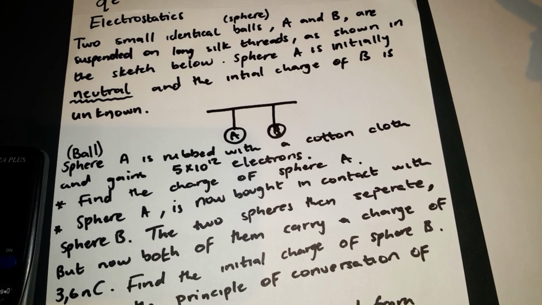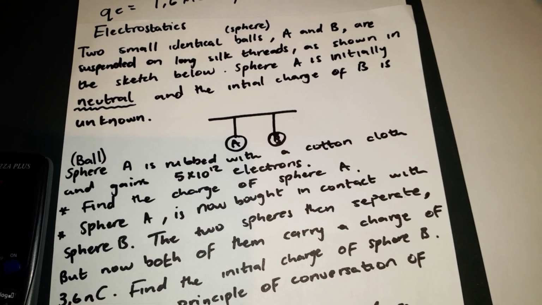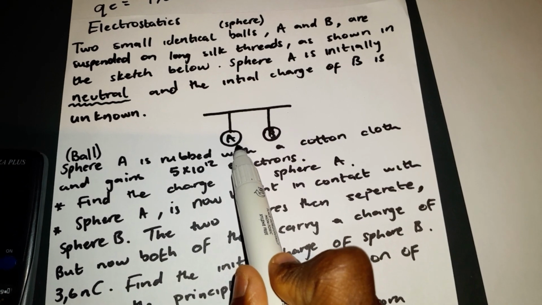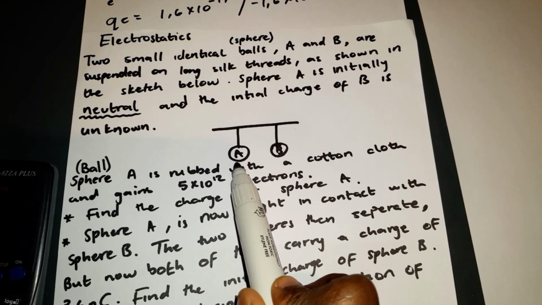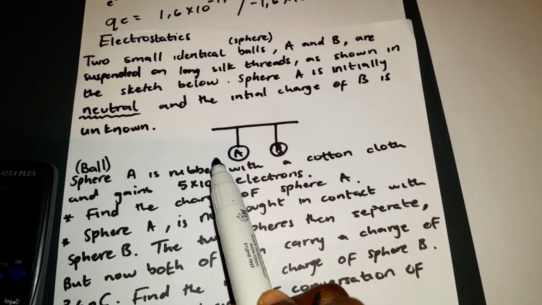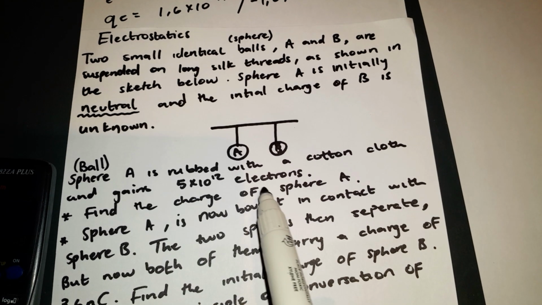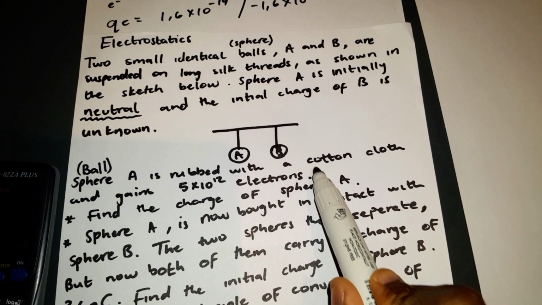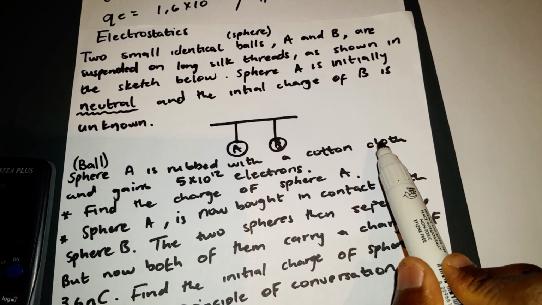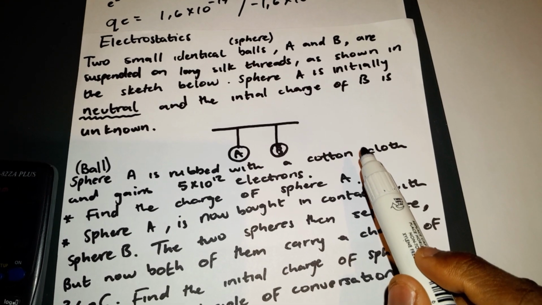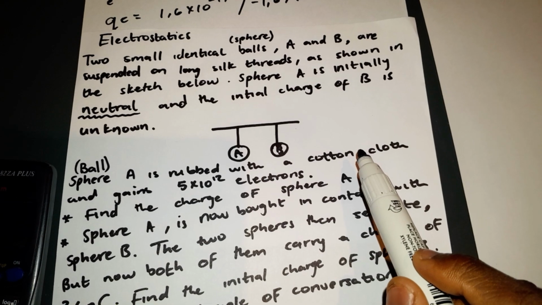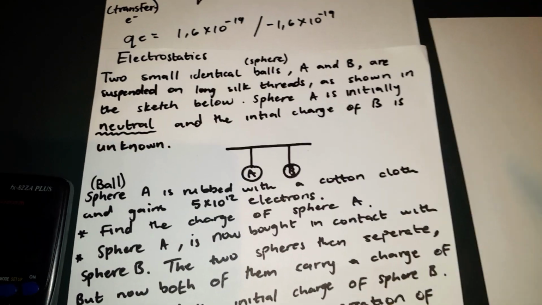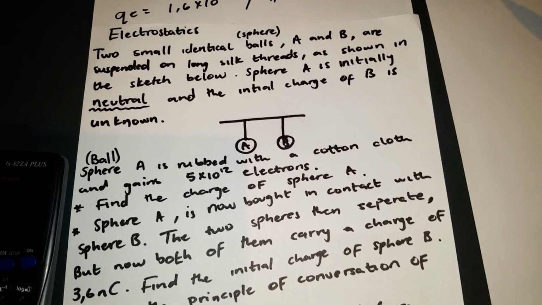It gives us a hint: if sphere A is neutral and they take a cotton cloth and rub it and it gains electrons, which means that sphere A is negatively charged. Wonderful. So now let's go to the first question.